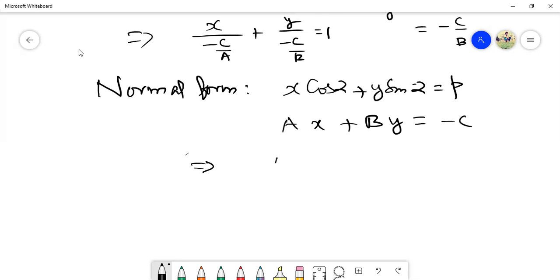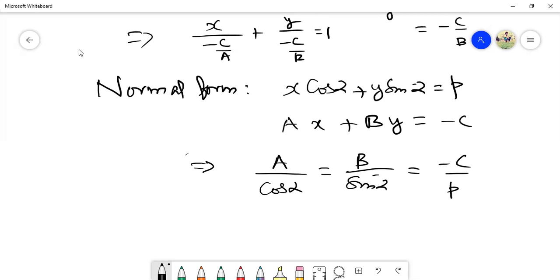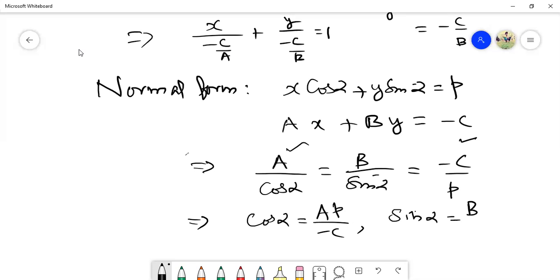We can write that their ratios will be the same: a/cos alpha = b/sin alpha = -c/p. Equating the first one to the last one, we get cos alpha = A p/(-c), and similarly, sin alpha = B p/(-c).